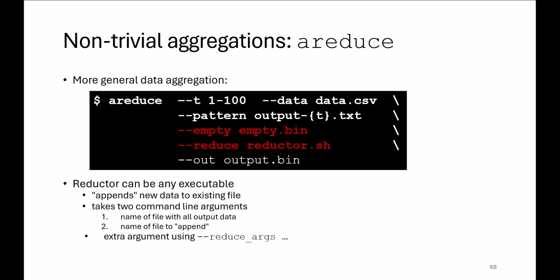So it takes two command line arguments at minimum, the name of the file in which you're aggregating the data, so that contains all the output data up to that point, and then the name of the file, which contains the data to append to this aggregated file. So that executable can take extra command line arguments, and that's through the -reduce_args command line option, which then will be passed to that reductor executable.